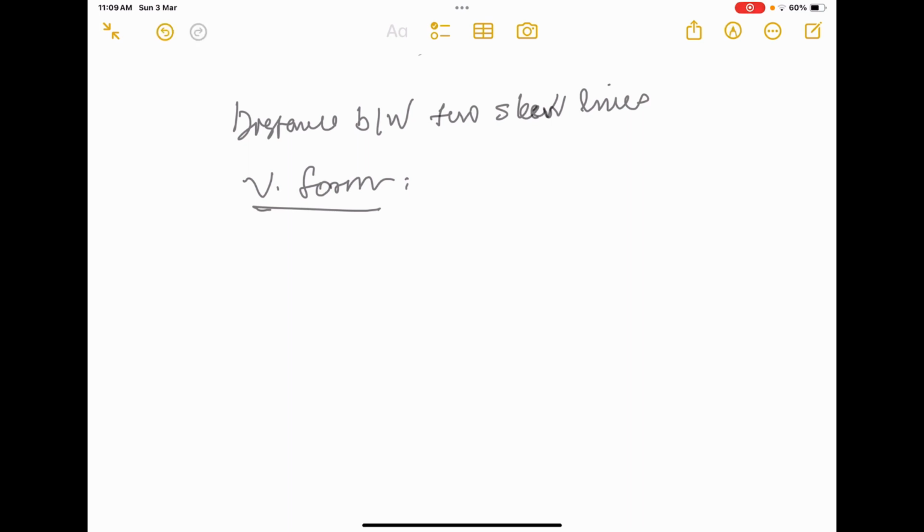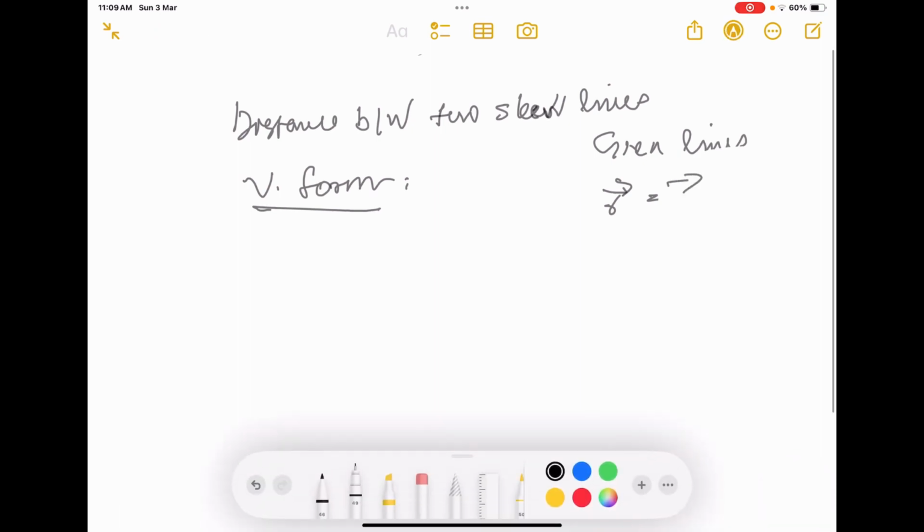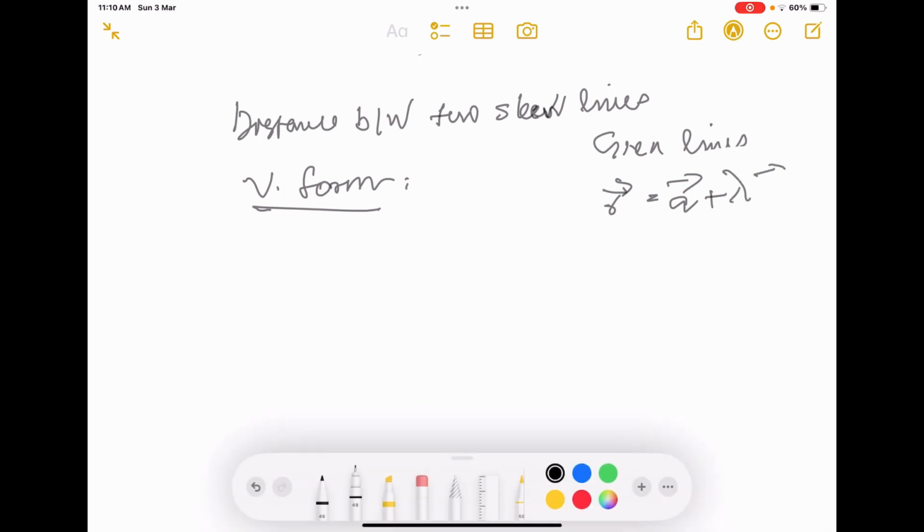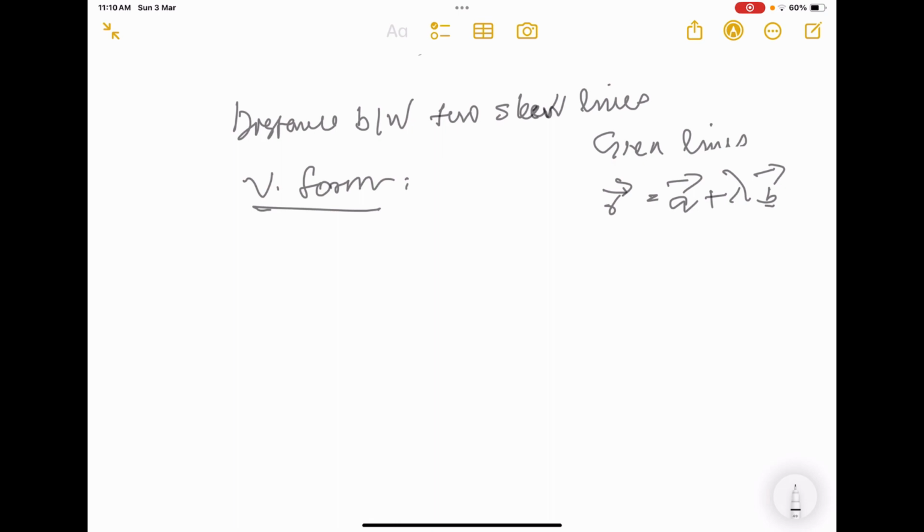First we want to write the given lines: vector r equal to vector a1 plus lambda b1, and vector r equal to vector a2 plus lambda vector b2.